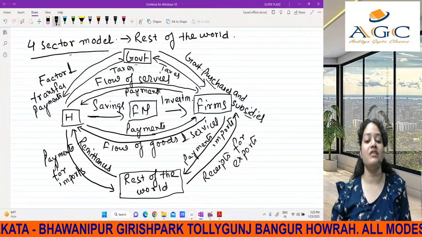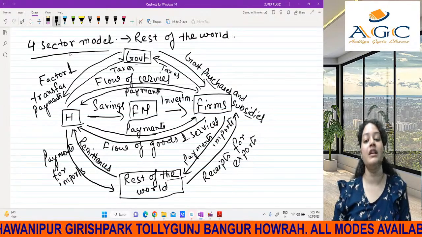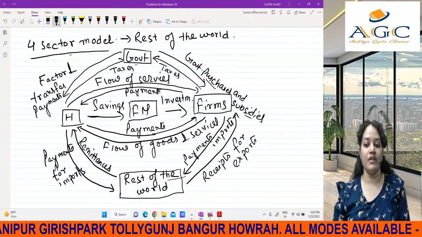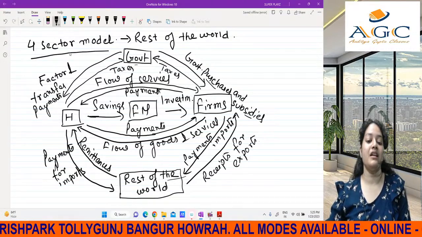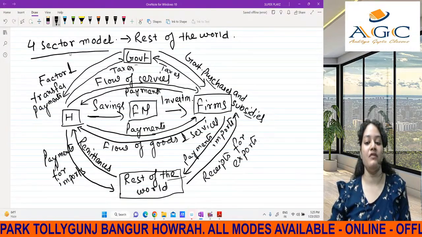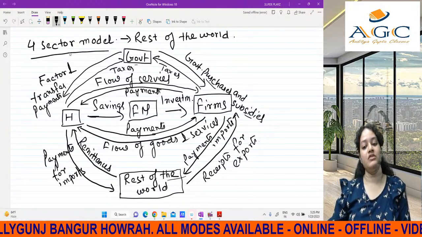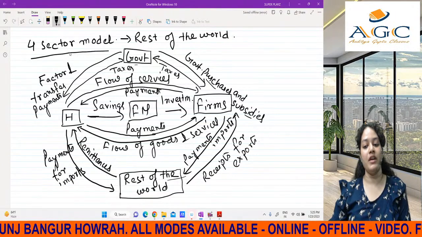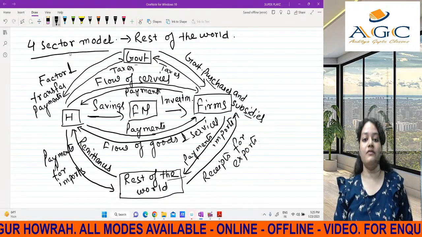And similarly, like the firms will be buying from the rest of the world, it might so happen that the rest of the world might also need something from the firms. So that comes under your receipts for exports. Like the rest of the world, they are paying for whatever goods or services they have purchased from the firms. So that comes under your receipts for exports. So the circular flow of income we are done with.